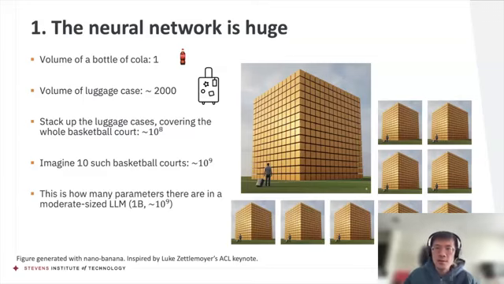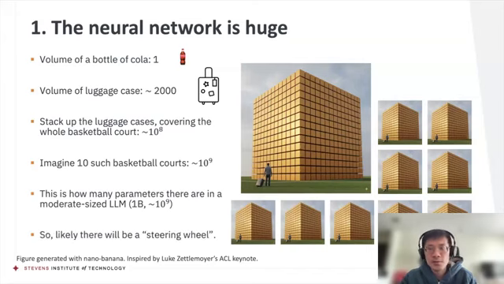And this is not even among the largest neural networks currently. This is actually among the smaller LLMs. So there are a lot of parameters out there, and likely there will be some parameters that could control the behavior of the large language model.